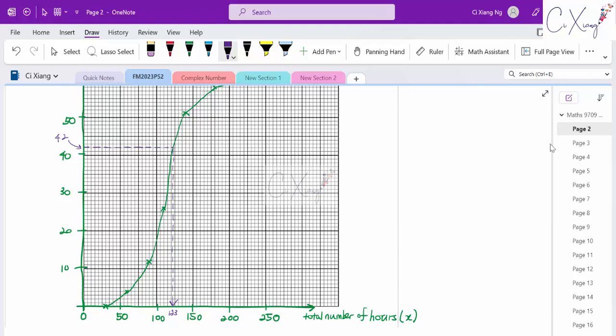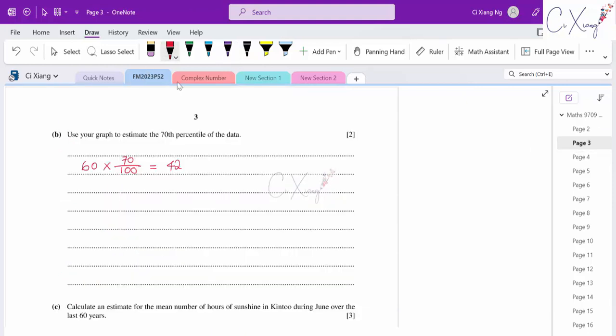Okay, so from here I get the value 123. Therefore, I can write in my solution here that the 70th percentile is equal to 123. Alright, so this is how we read the value from the cumulative frequency curve.